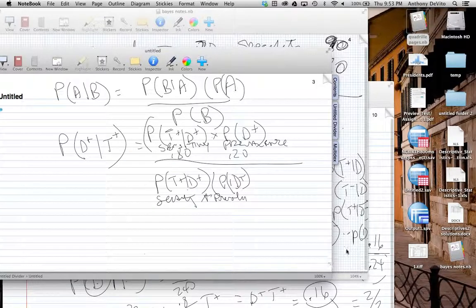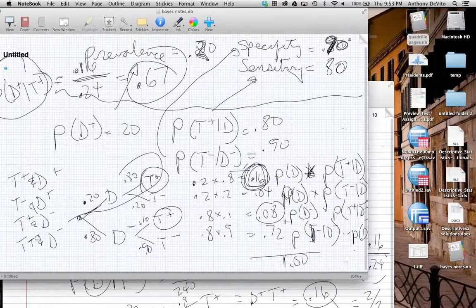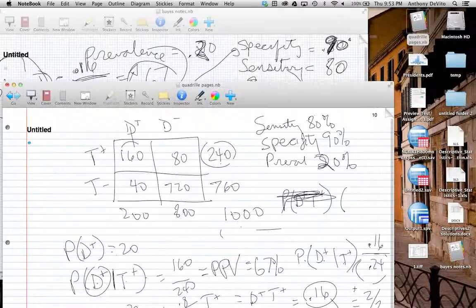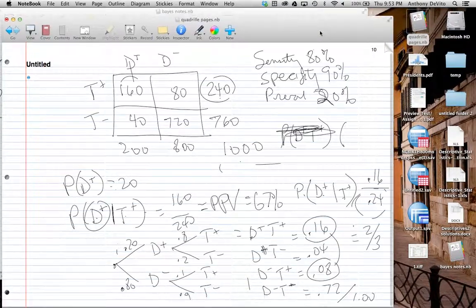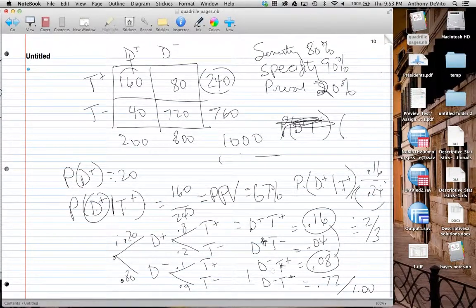But we can also get a positive test among the people that tested positive and didn't have the disease. Well, who are they? They are the people that tested positive but didn't have the disease. And who were those people? Those people were the 0.8 times the 0.1. Well, where did that come from?